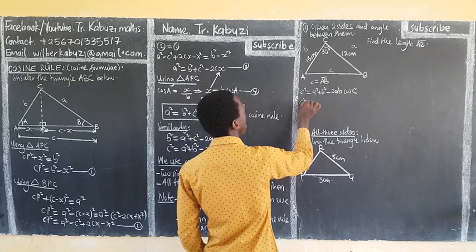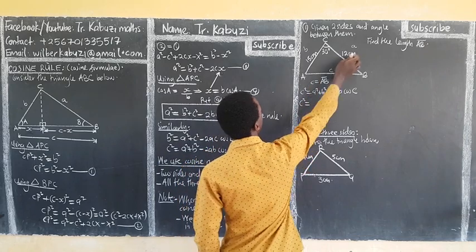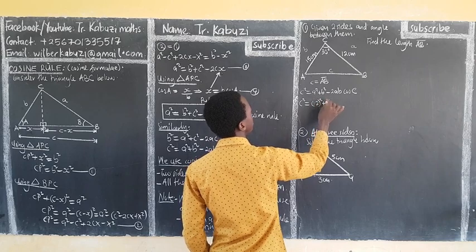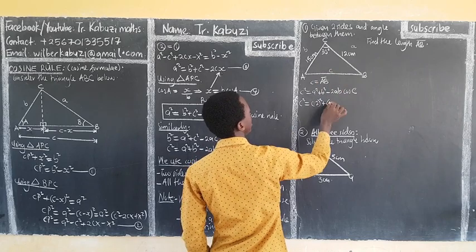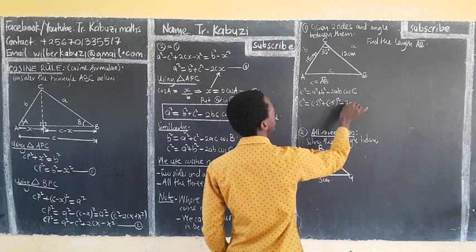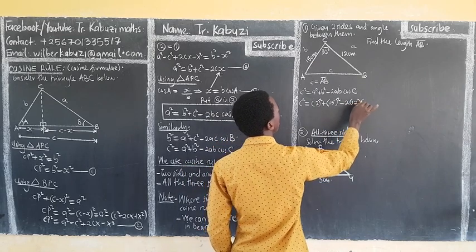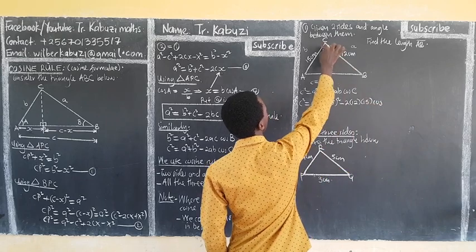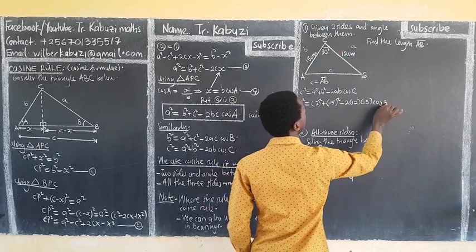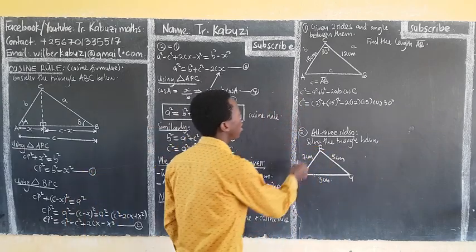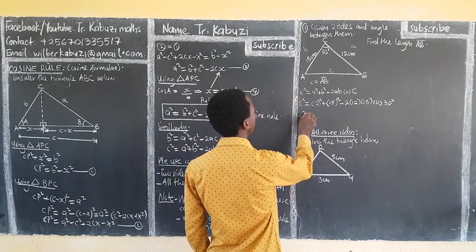Now, I'm just going to substitute into the formula. So my c squared will be a, which is 12, squared, plus b, which is 15, squared, then minus the product of 12 and 15, then cos of C, the angle C, which is 30 degrees. And from there, all you are left with is to get c squared.